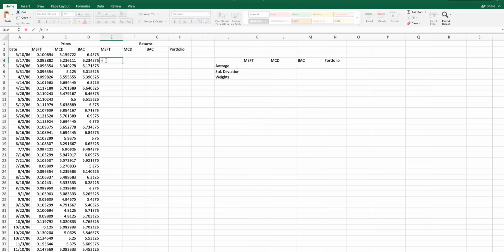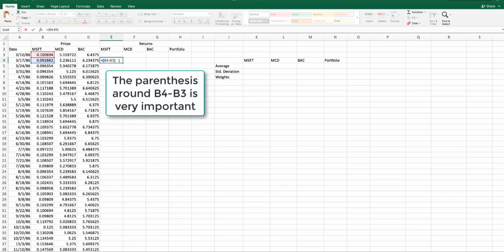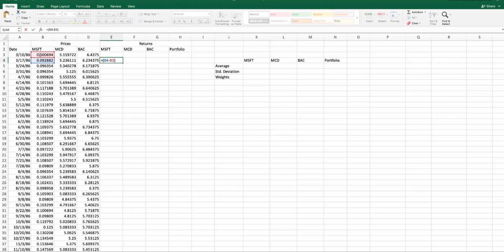This is equal to price on March 17th minus price on March 10th. And to make it a percentage, we want to divide it by the original price, the buying price, or the starting price. Sorry, divided by the starting price. Okay, so that was the return.